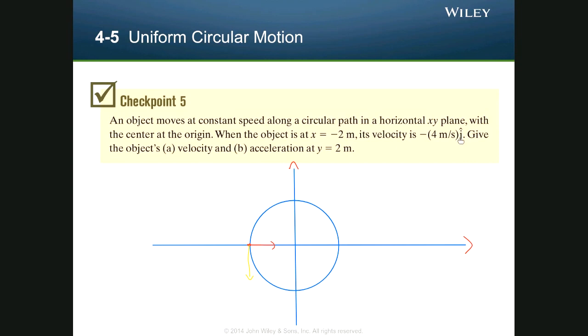So you could write here, if you want, that at this point we're looking at, a is equal to v squared over r, which we already know will be 8 i hat.